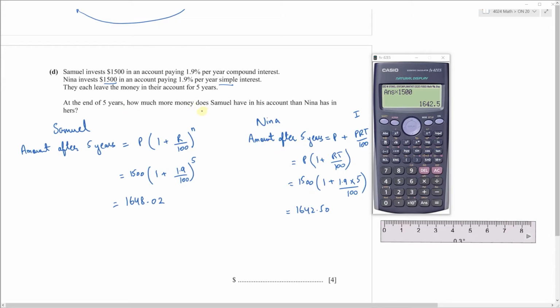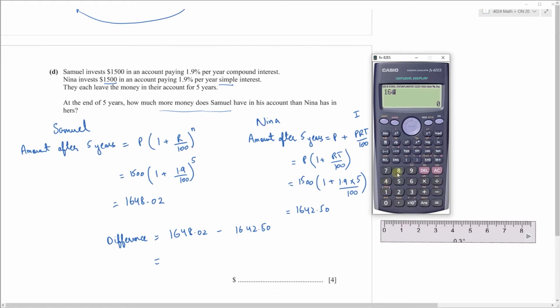And then you have to calculate how much more money does Samuel have. So the difference basically. How much more money will Samuel have? The amount of money in Samuel's account, 1648.02, minus the amount of money in Nina's account, 1642.50.